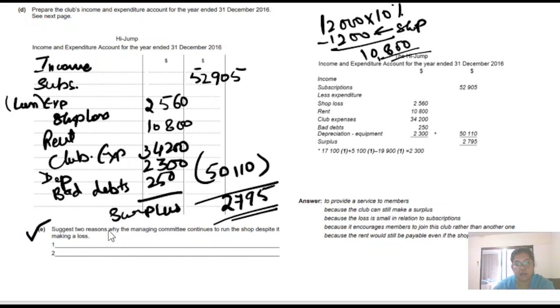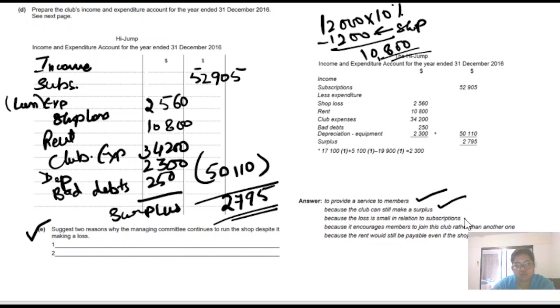In the E part, they ask you to give two reasons why the managing committee continue to run the shop. Because you know from the shop you get a loss, but still continue that shop. Because what are the reasons? They provide service to the member, because the club earns surplus, so we can manage the loss there.